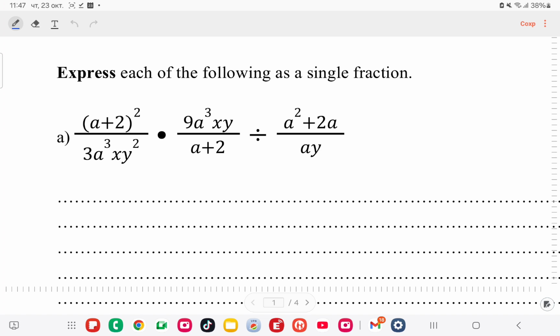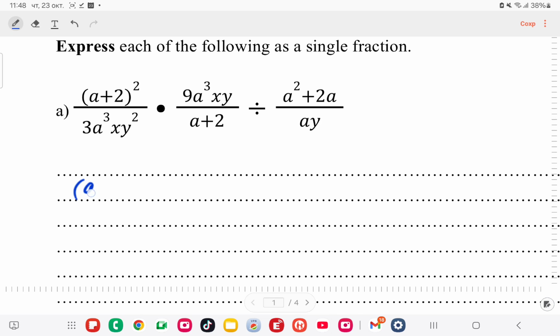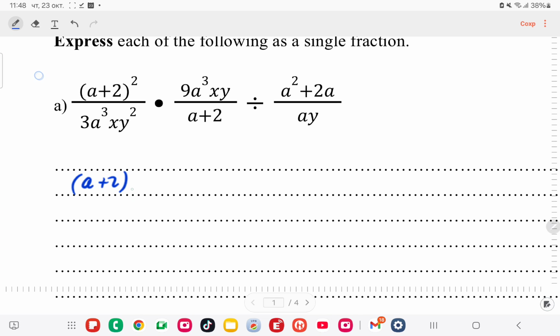In the first question you see that three fractions are multiplied and divided all together, so let's write everything as a multiplication of all the fractions. In the first fraction I will copy, but the first bracket I will write as a plus 2.